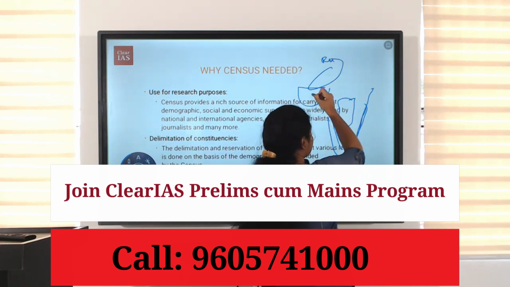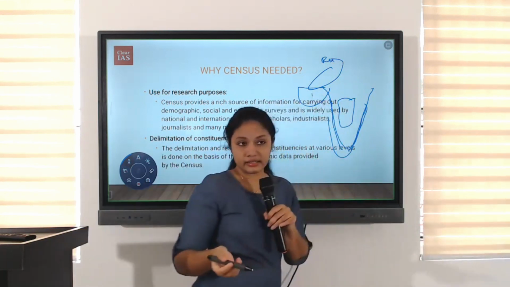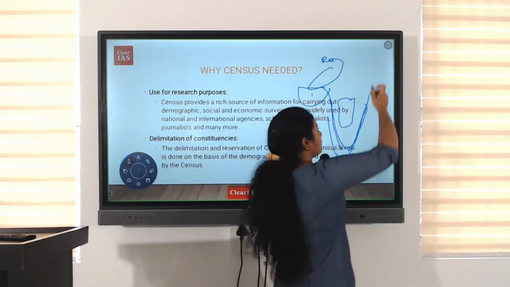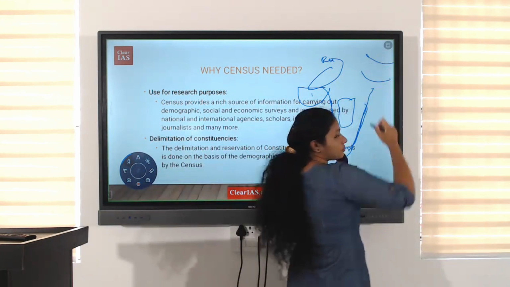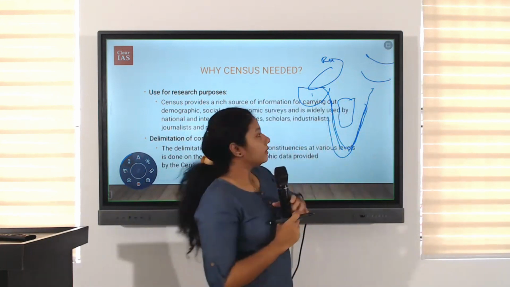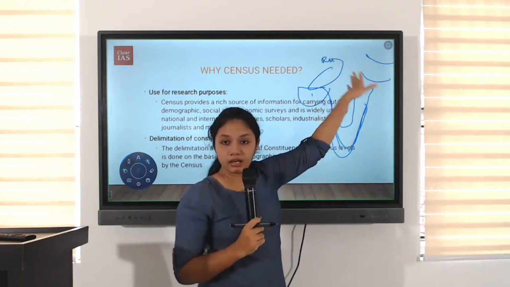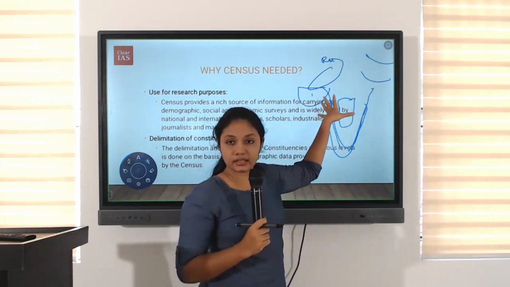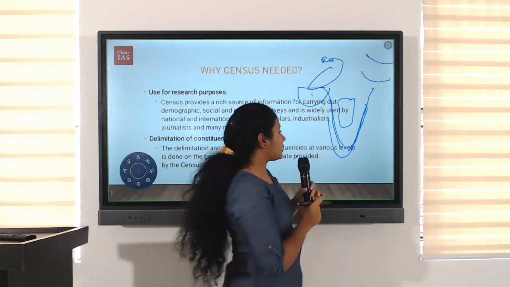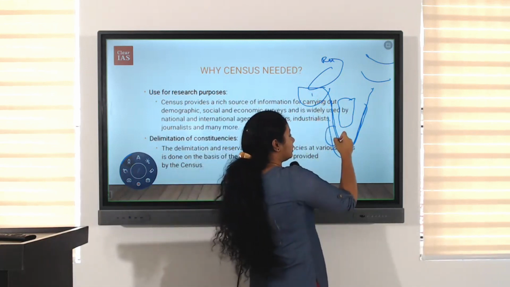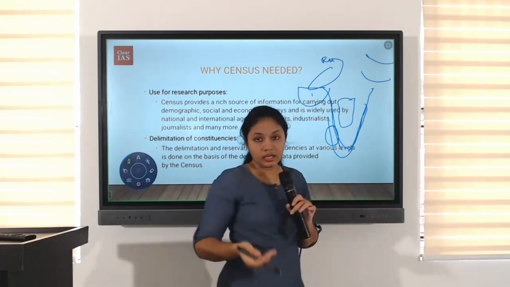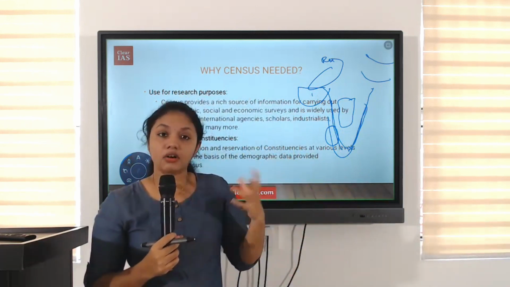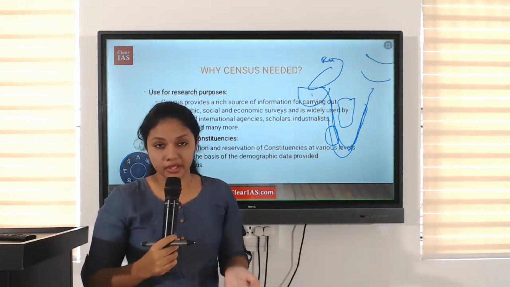Then in the Rann of Kutch, okay, we have grasslands. So in different areas, we have different terrain, even in the northeast. Northeast also we have, and we have Himalayas like that of in Jammu Kashmir, etc. Okay, we have different terrains, right? So for example, if we have to develop Karnataka, we can use the coastal benefit of Karnataka for their development.